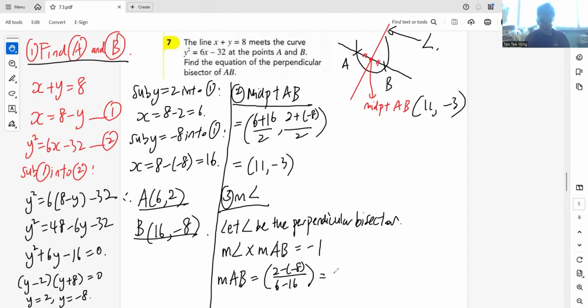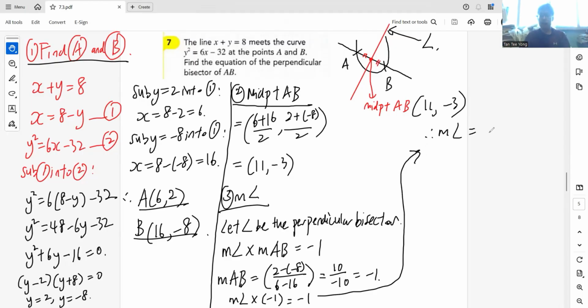This gives 10 over -10, which is -1. So gradient of L times -1 equals -1. Therefore, the gradient of L is equal to 1.